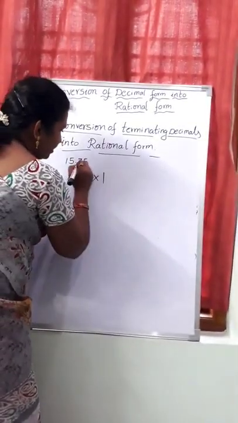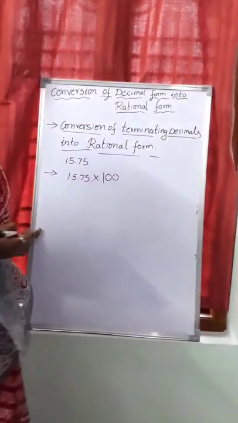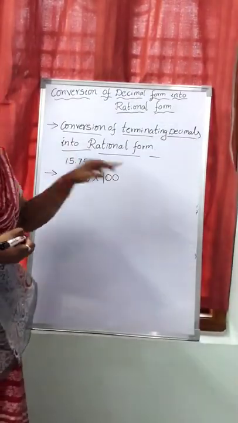So we write the number 15.75 and multiply. Take 1 followed by as many zeros as there are decimal places, here 2 zeros.